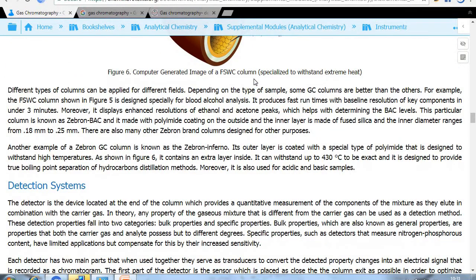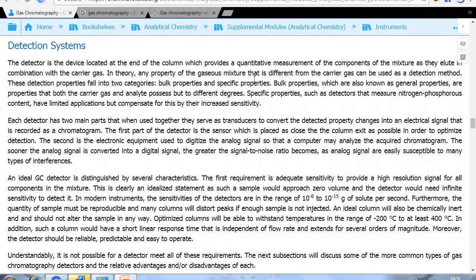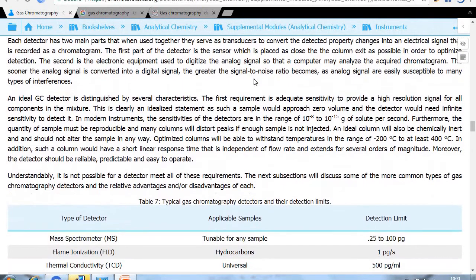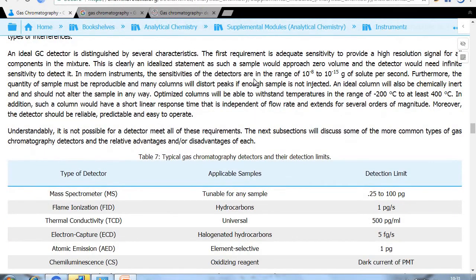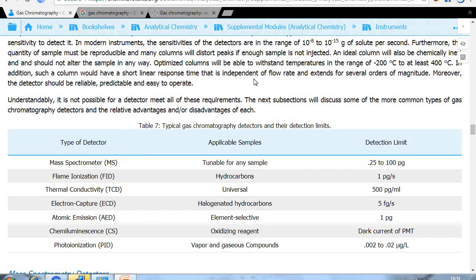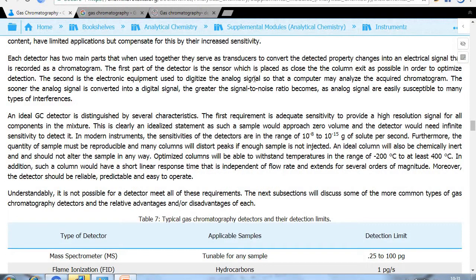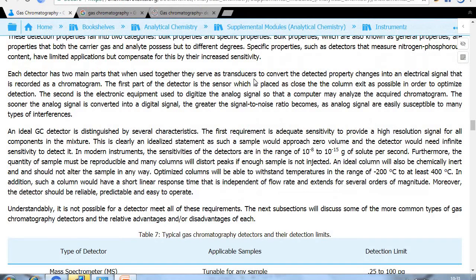Okay, and then if you see the detection system, as I told you, you have different types. Flame ionization and thermal conductivity are widely used, and mass spectrometry is also another important type. Each detector has two parts which work together.